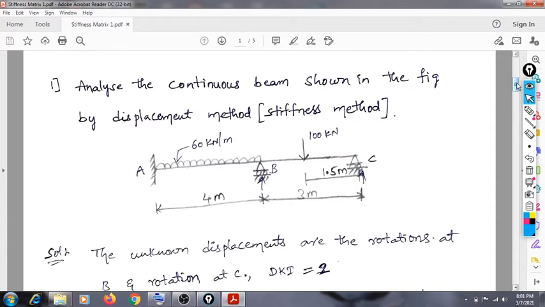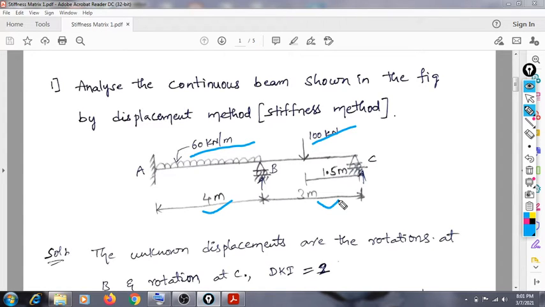So this is using the displacement matrix method. Now this is a continuous beam with a UDL of 60 kilonewton per meter up to 4 meters, and a 100 kilonewton point load which is acting centrally here.